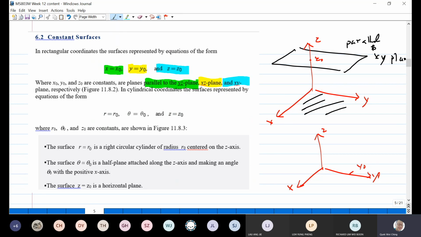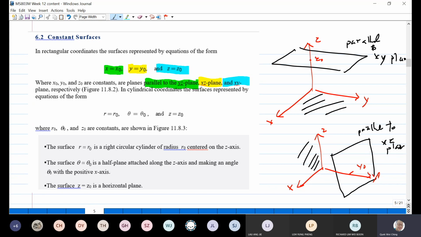So this plane here passing through y0, right? So this plane is parallel to the xz plane, which is here.